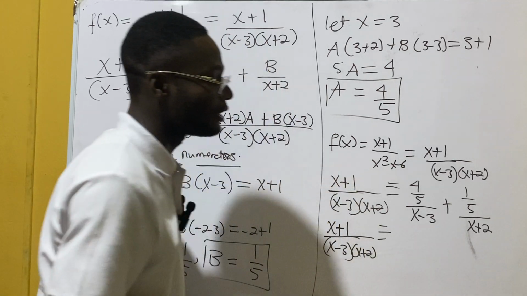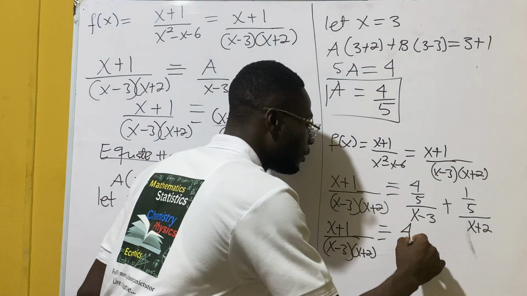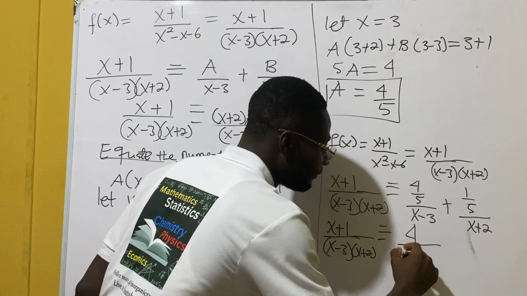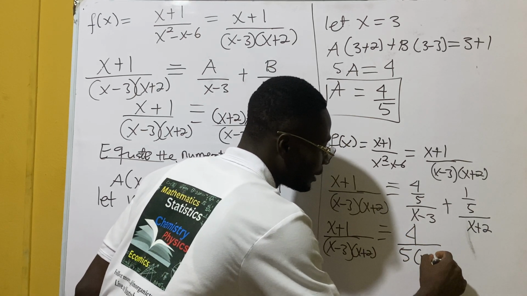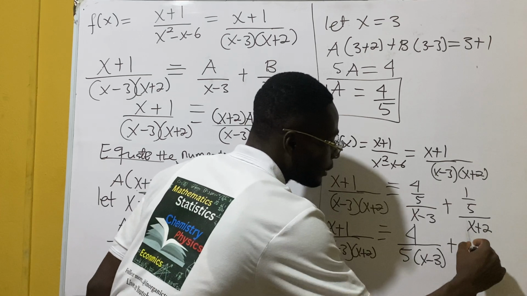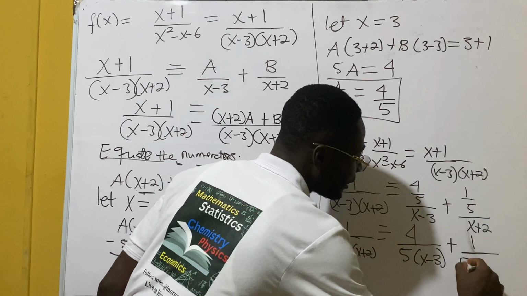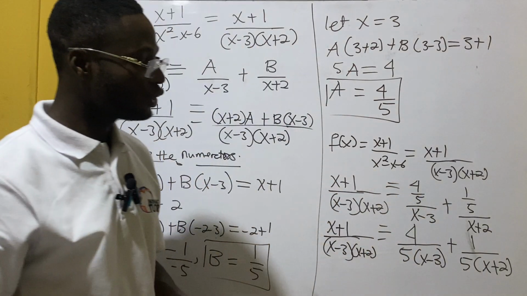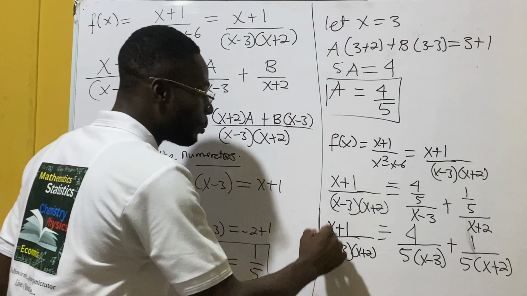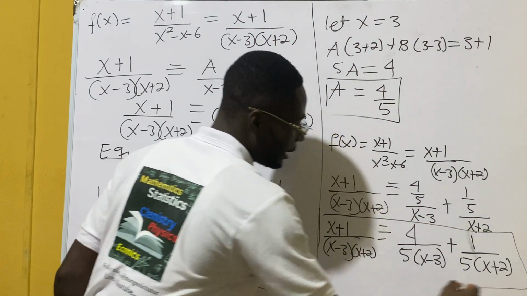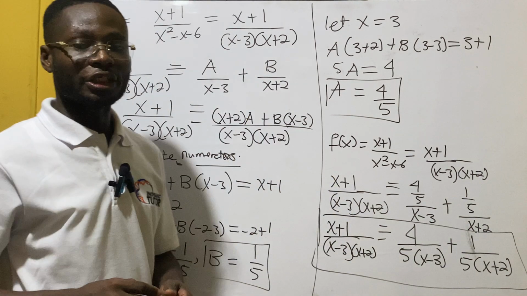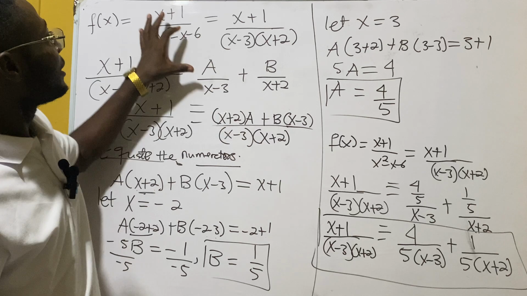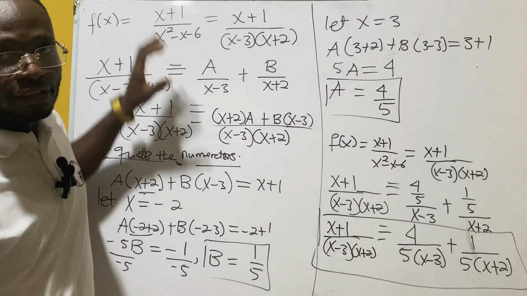That is equivalent to 4 over 5 into x minus 3 plus 1 over 5 into x plus 2. So this is the decomposed expression, or this is the decomposed partial fraction for this partial fraction.